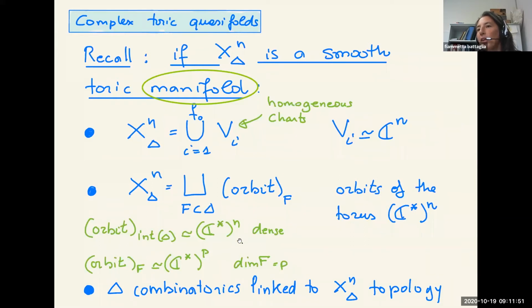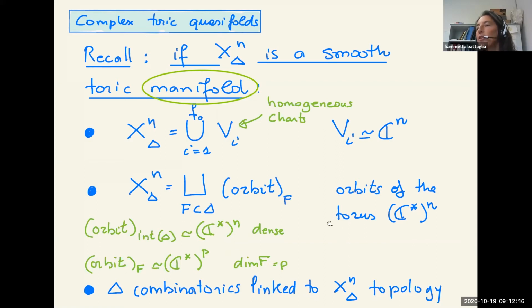Let me tell you here that Δ is a simple polytope, the moment polytope, and that's why the dimension of the orbit of the torus is the dimension of the face. And also, as a last remark, the combinatorics of the polytope is linked to the topology of the manifold.